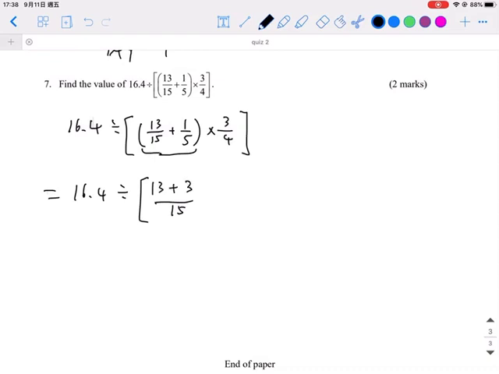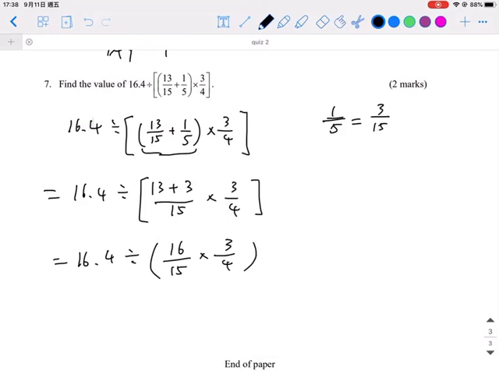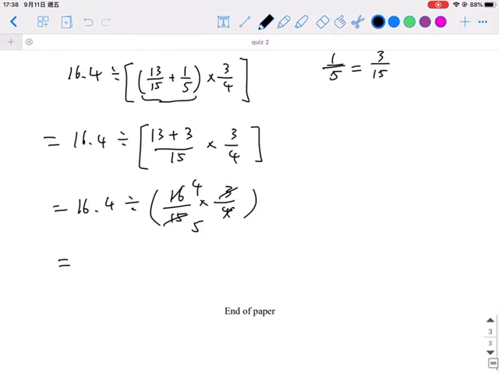Remember, because 1 over 5 is equal to 3 over 15, expand the numerator and denominator, and then multiply by 3 over 4. So I just copy 16.4 and divide it by 16 over 15 times 3 over 4. So some simple cancellation, and then you will get 16.4 divided by 4 over 5.